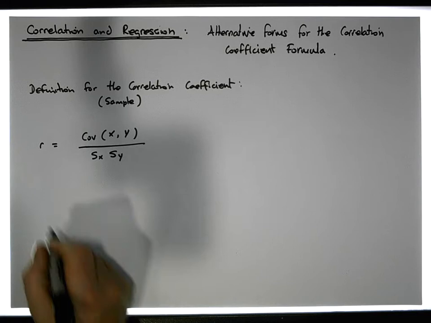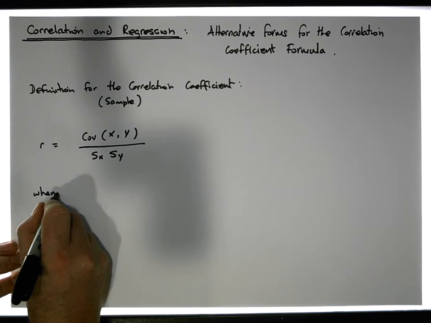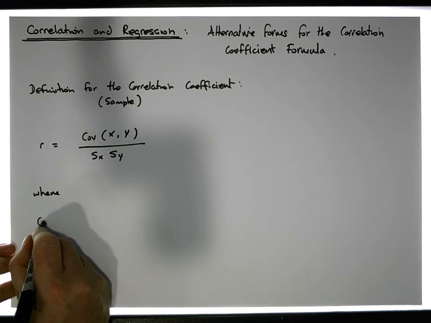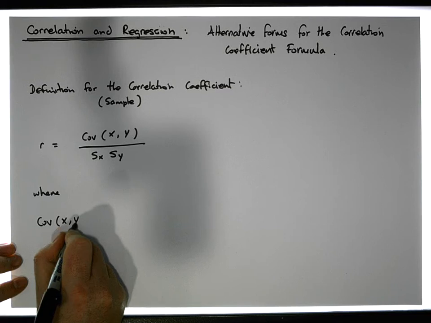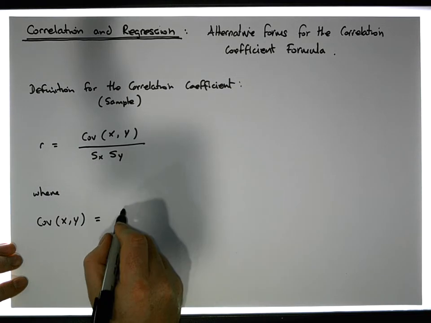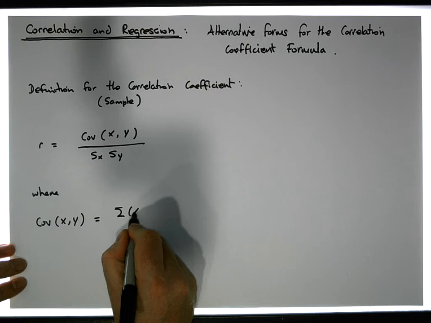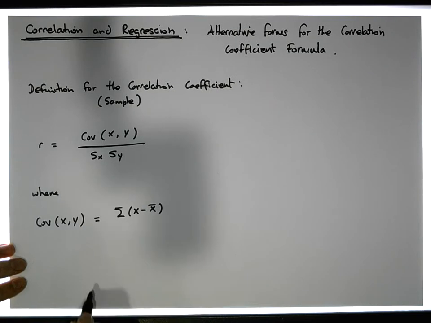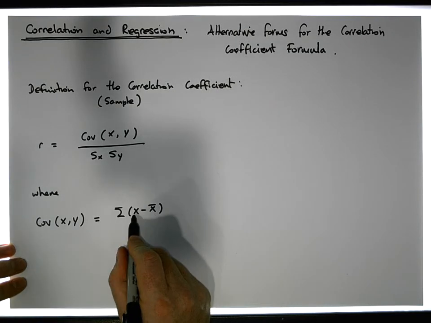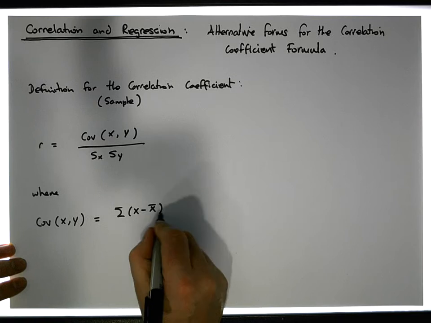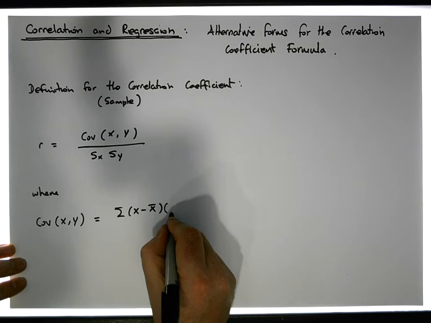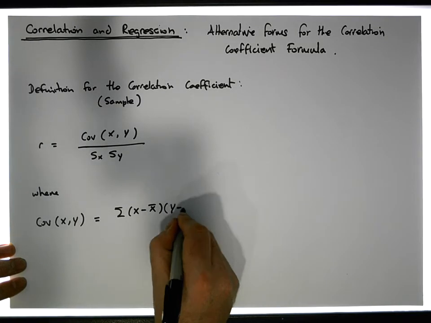Where the covariance of x and y is the sample covariance, which is the cross products: the sum of the x's minus x bar, the distance between the independent observations and their mean, times the y's minus y bar, the dependent observations and the dependent mean.